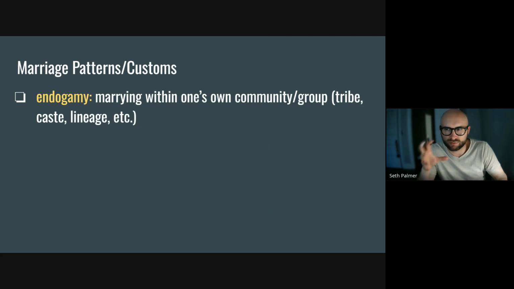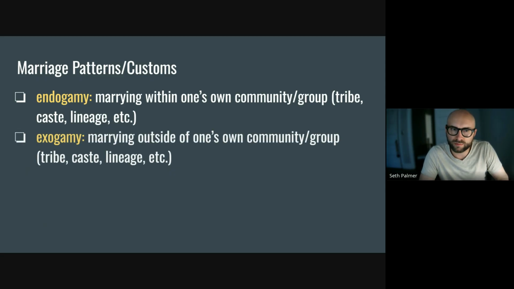Marrying someone who's broadly conceived already within your group. We also have religious endogamy. This would mean, for example, in various Hindu castes, like Brahmins in India, the elite Hindu caste, when they only want to marry other Brahmins, that's a kind of religious endogamy.